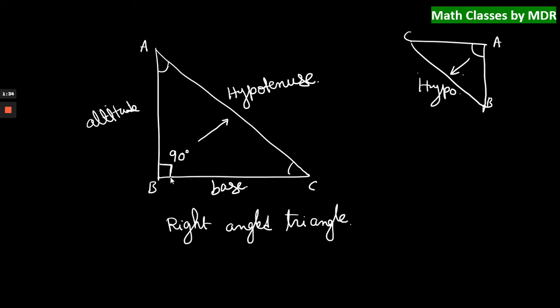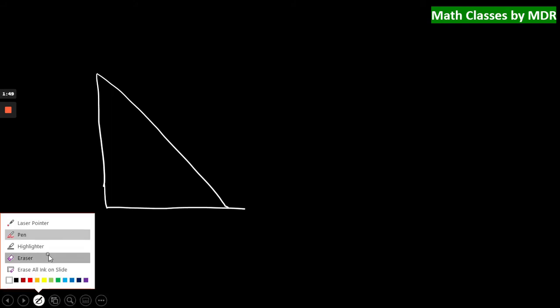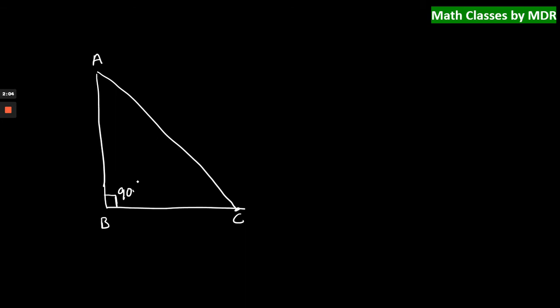Before I start with trigonometric ratios, I would like to introduce the adjacent side and opposite sides of the angles. Just now we have seen that the side opposite to the 90 degrees angle is known as the hypotenuse.